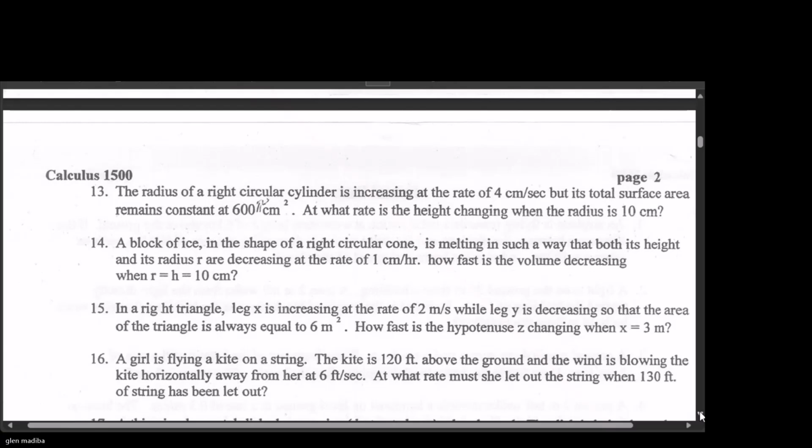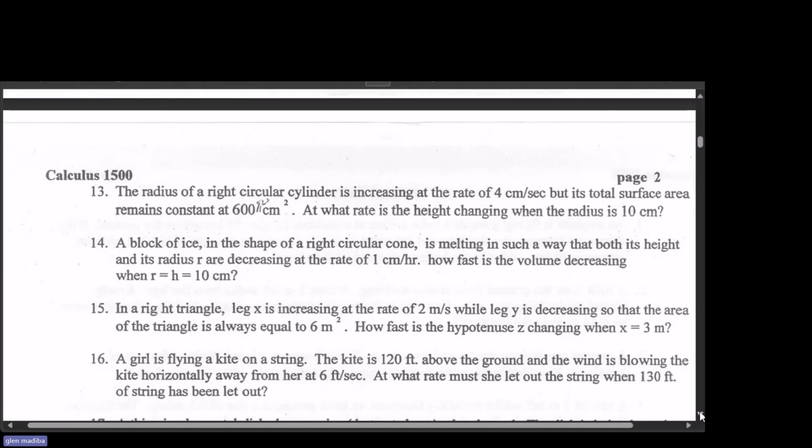Thank you, Kamalu. Mr. Mandla, yes, sir. I'm just adding to what Kamal has already said. From the theorem of Pythagoras, we agree that x is equal to 50. Then we take that theorem of Pythagoras, which is x squared plus y squared equals z squared. Then we differentiate it with respect to t.